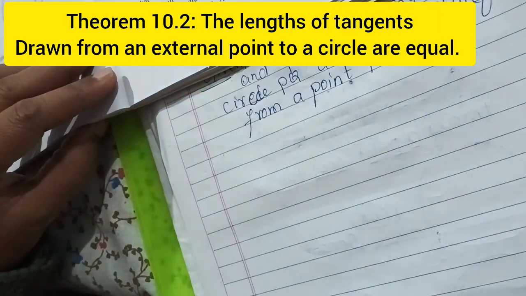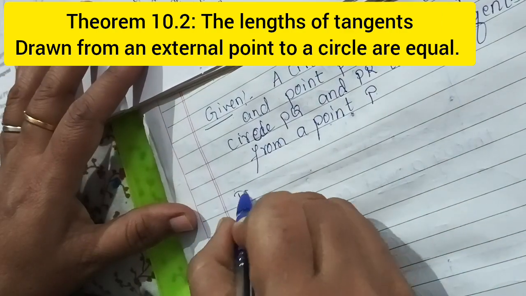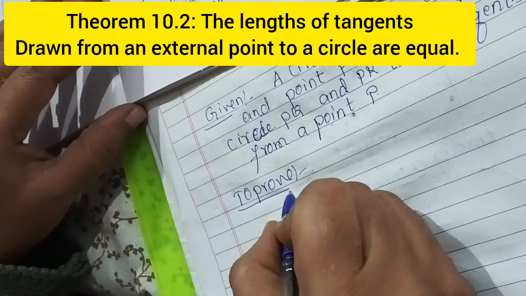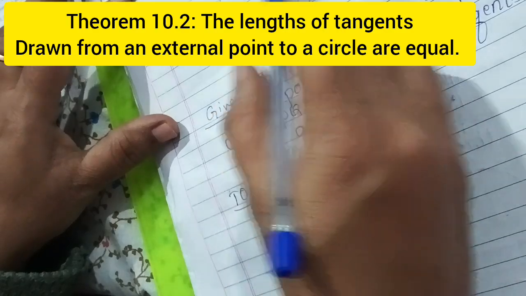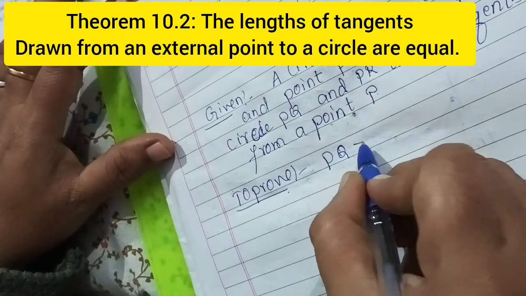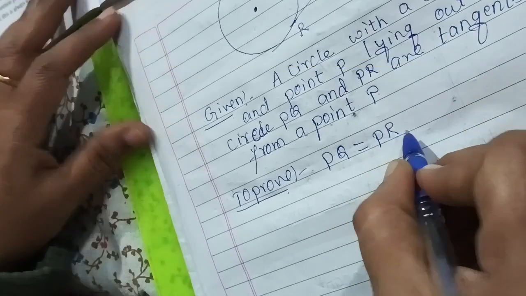To prove: the lengths of the tangents are equal, that is PQ is equal to PR. We have to write PQ is equal to PR and prove it.